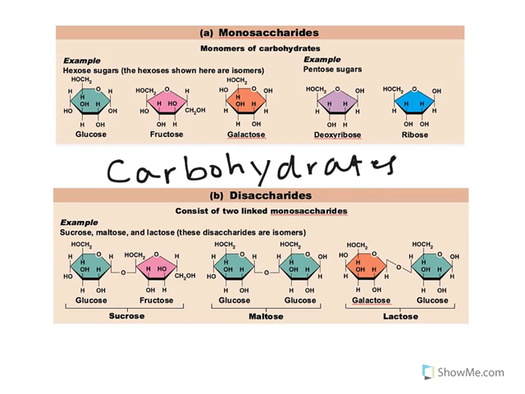Now, it doesn't just mean it's a simple structure, because if you look at the structure of glucose, it is a quite complex structure. It's a 6-ring, so remember hexose means 6, whereas pentose over here means 5. So it's talking about the number of carbons found in the structure.